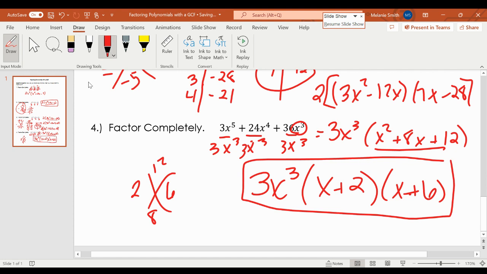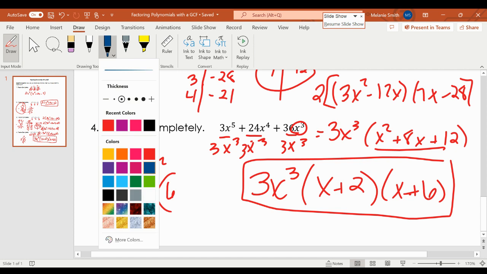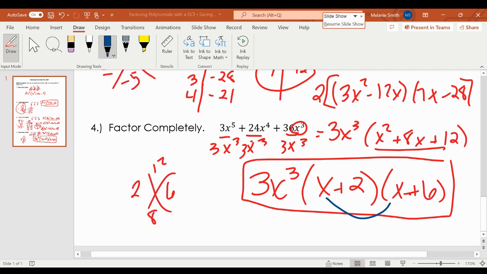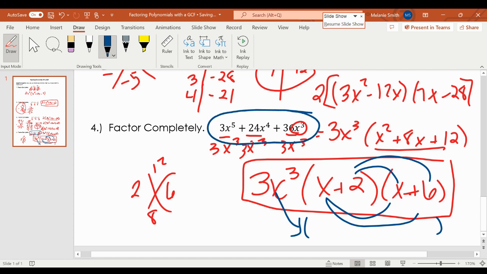If we were to go back through and multiply x times x, x times 6, 2 times x, 2 times 6, and then whatever we get, we then multiply everything by 3x cubed, that would bring us back to our original expression of 3x to the 5th power plus 24x to the 4th plus 36x cubed.